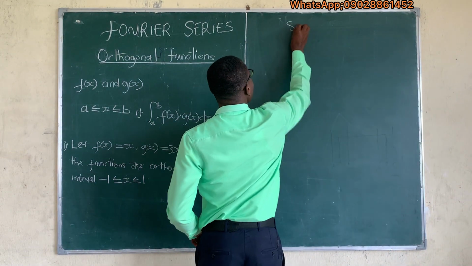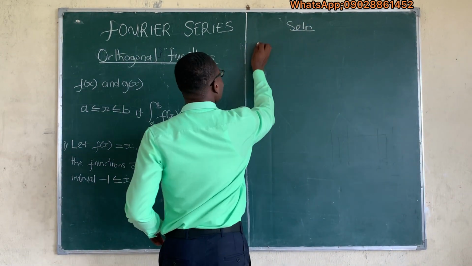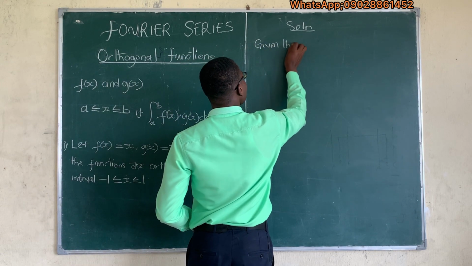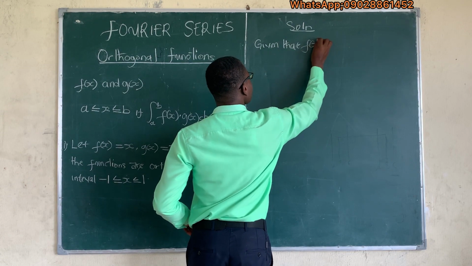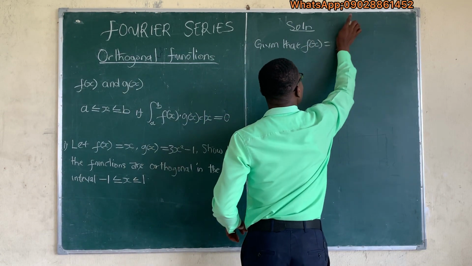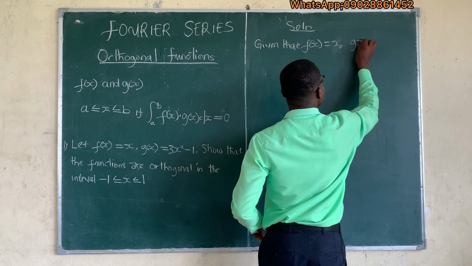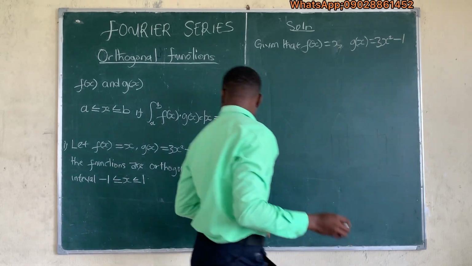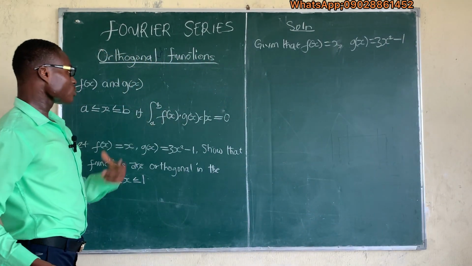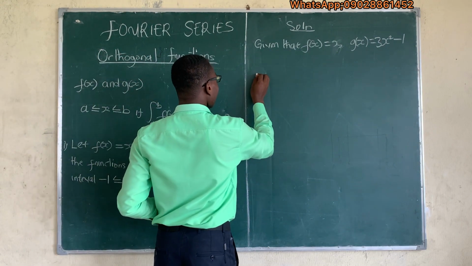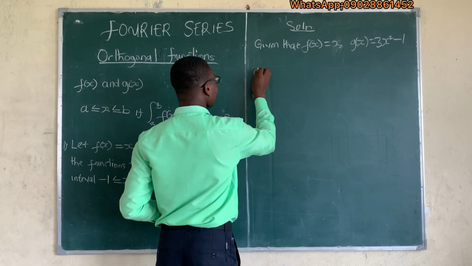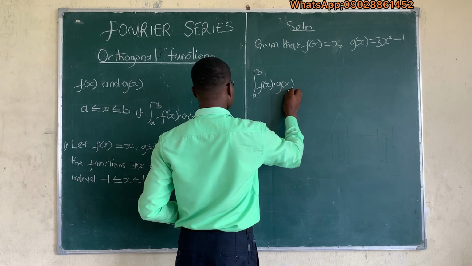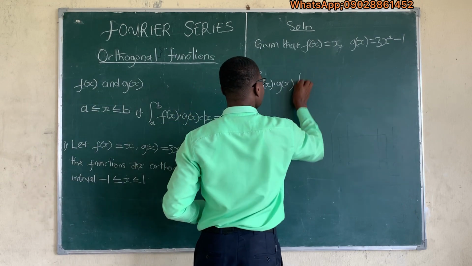So we are given that f of x is equal to x and g of x is equal to 3x squared minus 1. It's very easy. Just substitute into the formula and integrate. So we have the integral from a to b of f of x multiplied by g of x with respect to x.